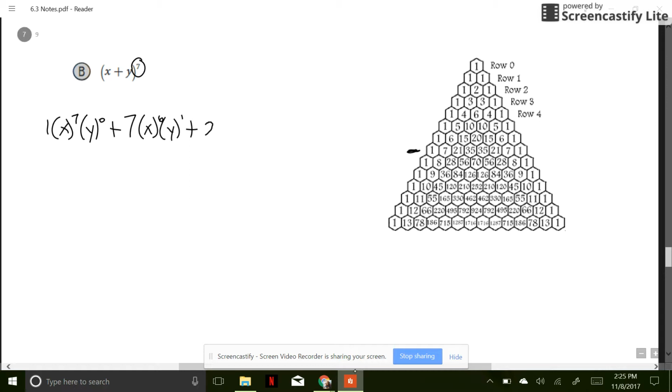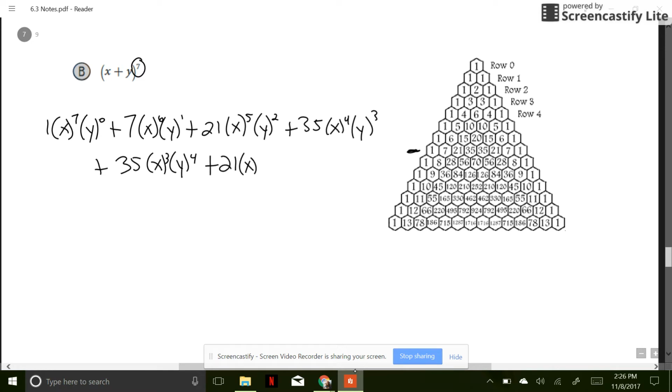Our next coefficient is 21, x to the 5th, y squared, plus 35, x to the 4th, y cubed, plus another 35, x cubed, y to the 4th, back down 21, x squared, y to the 5th, 7, x to the 1, y to the 6th, 1, x to the 0, y to the 7th.